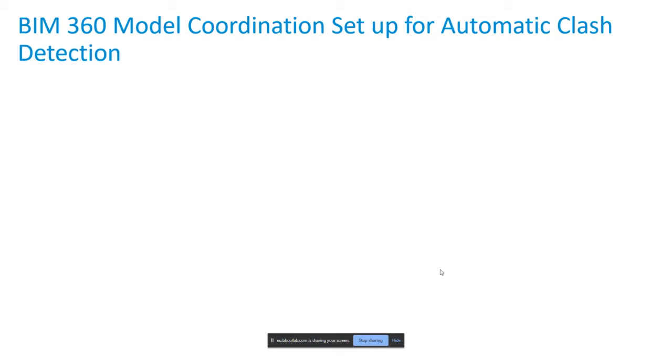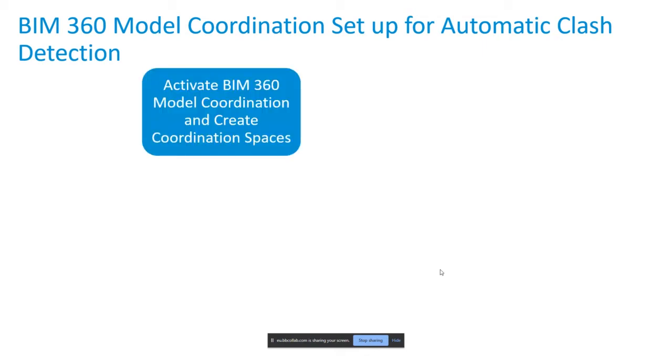So the first thing that I'm going to talk about is to activate the BIM 360 model coordination service. I'm not getting into the details of setting up BIM 360 projects because that's a discussion for another day. We've gone past that for this presentation. We are going to talk about activating the BIM 360 model coordination service. So what is model coordination service? Model coordination is a clash detection module that runs automated clashes on the models hosted on BIM 360.